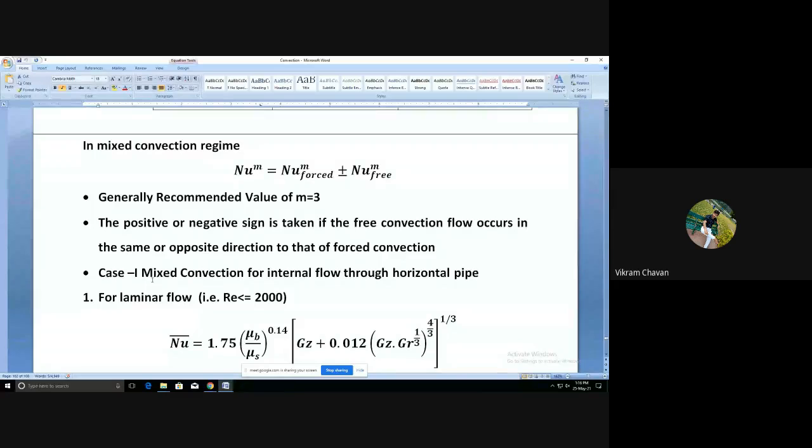Generally the recommended value of m is equal to 3.